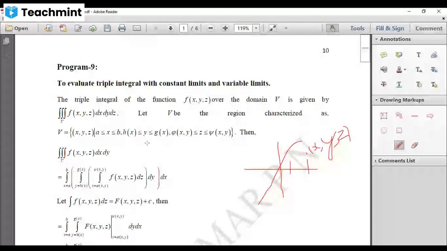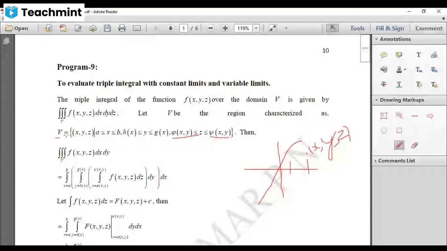And the region for y is from the curve h(x) to the curve g(x). Similarly, z varies from the curve phi(x, y) to psi(x, y). The intersection of all these curves is the collection of all points (x, y, z), which is denoted as V.